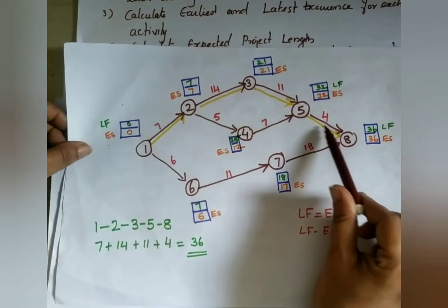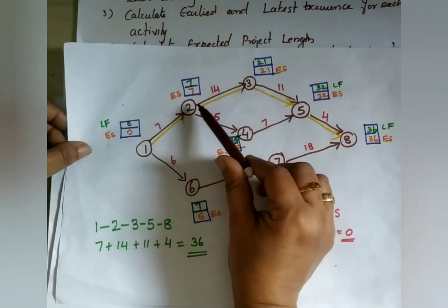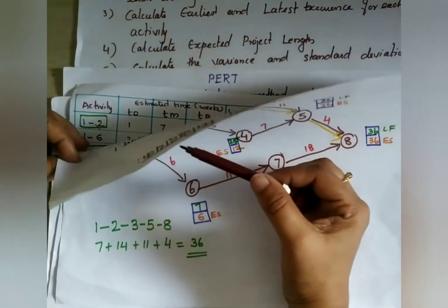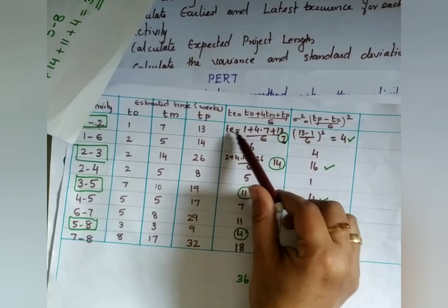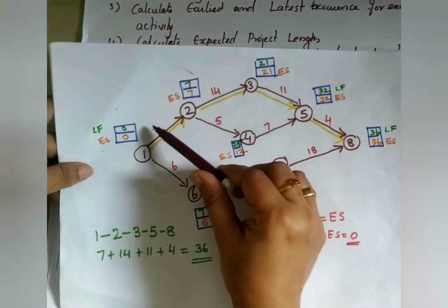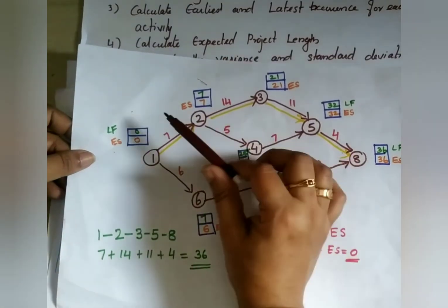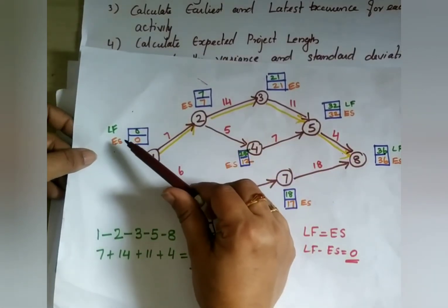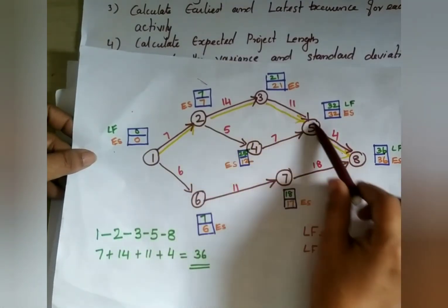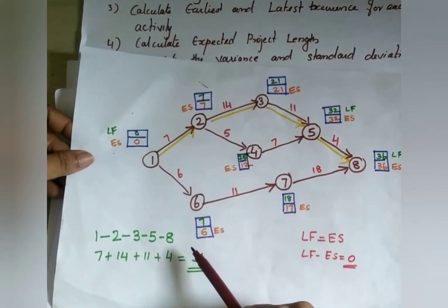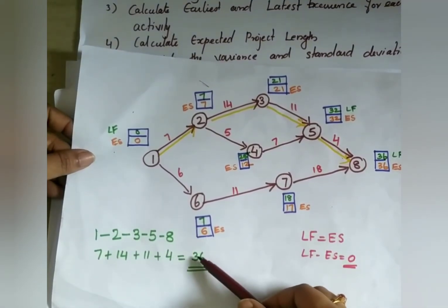path. Before that, where do these timings come from? From the table you get the TE values from these values. Once you fill in these values, you get your LF and ES, and the activities where they are equal form your critical path. Once you mark the critical path, you also get the critical path length.